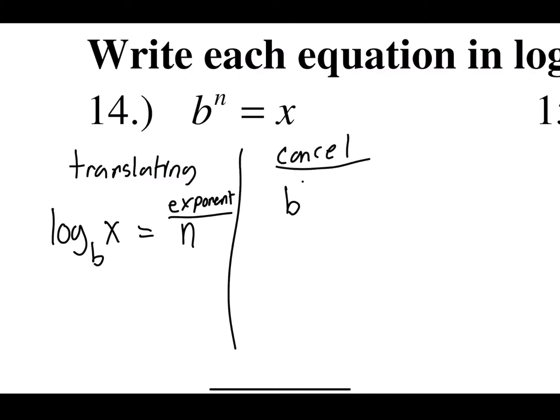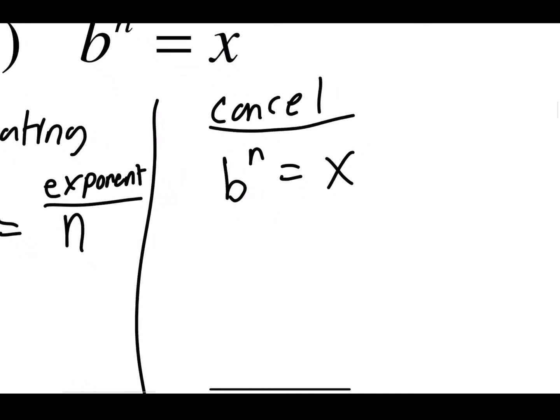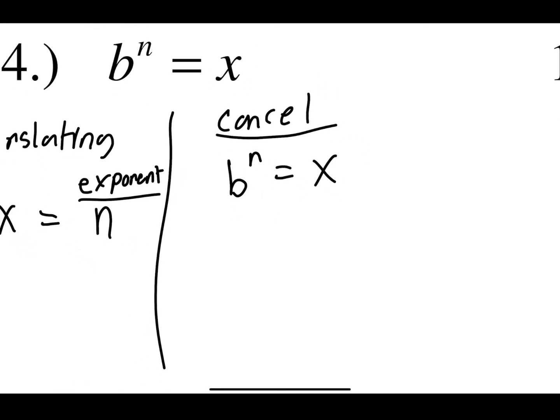So take b to the n equals x. Now, exponents and logs are inverses of each other. They undo each other. So if I want the base b to disappear, and I just want to be left with an n, log both sides. So I'm going to take log of b to the n, and what base should I have? A base that matches the base I'm already given.